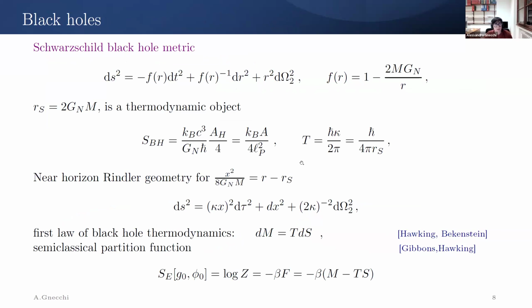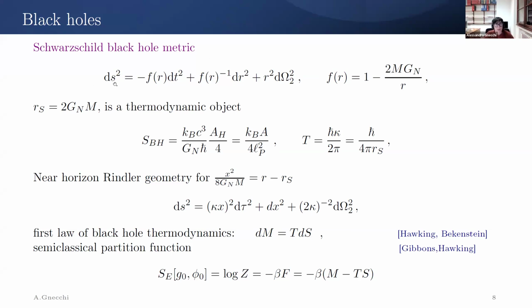ideas of the black hole metric and their thermodynamics, I want to show you the metric so that it's clear what I'm referring to. The simplest black hole metric is the Schwarzschild metric. This is a space-time.